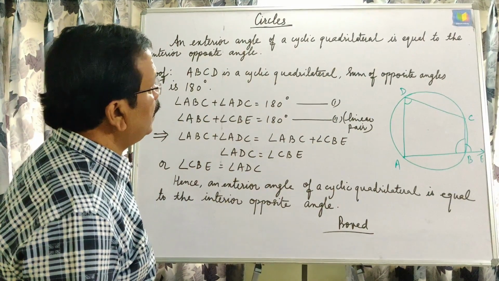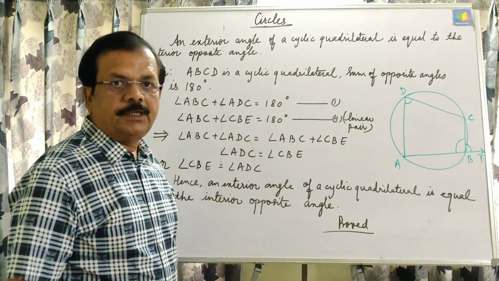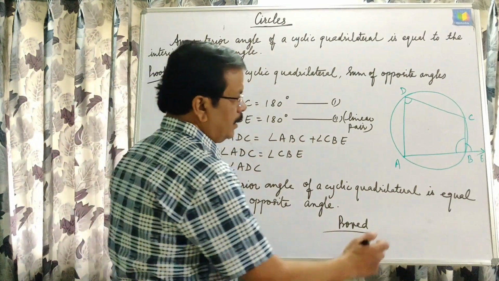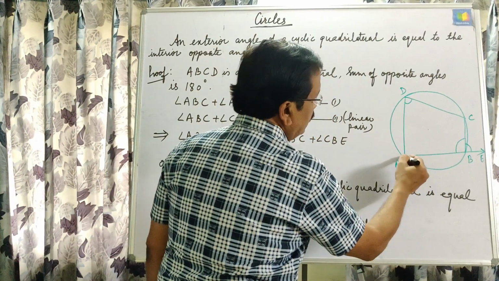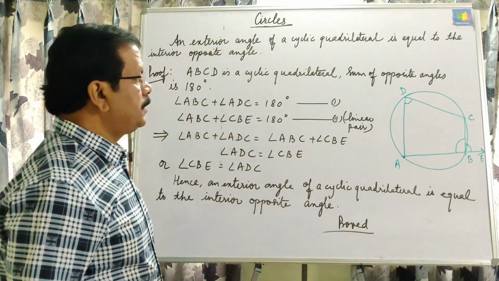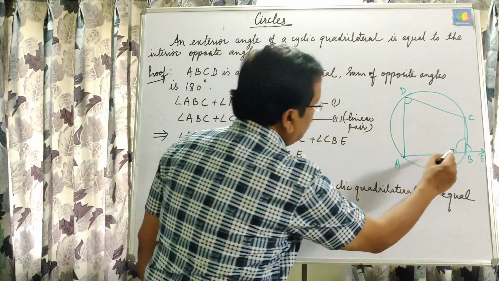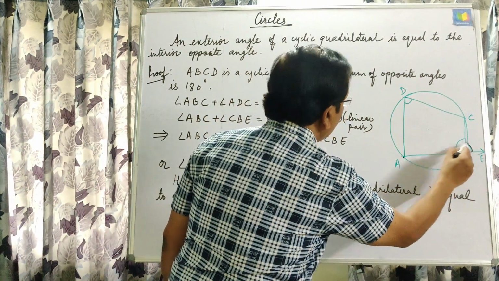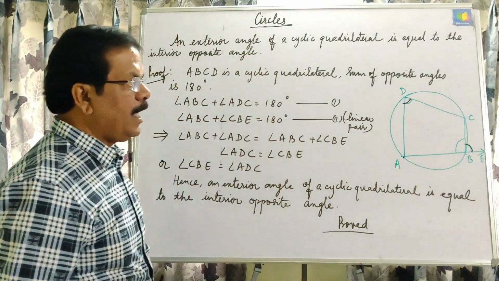An exterior angle of a cyclic quadrilateral is equal to the interior opposite angle. This is a very easy theorem, and the proof is very easy. You can see here that ABCD is a cyclic quadrilateral. We have to prove that the exterior angle is equal to this opposite interior angle.